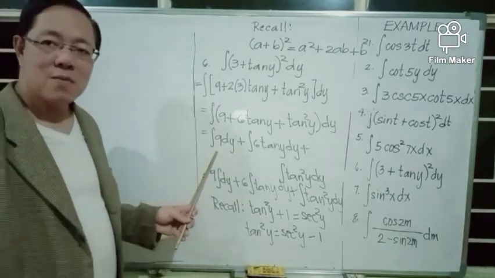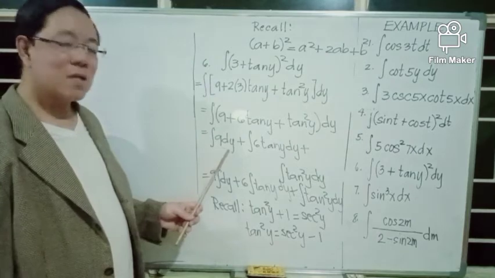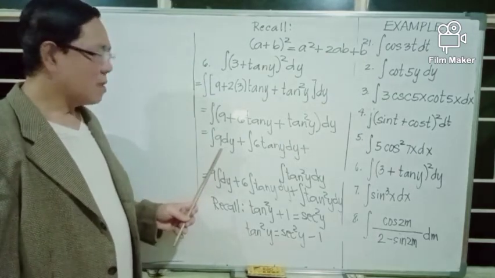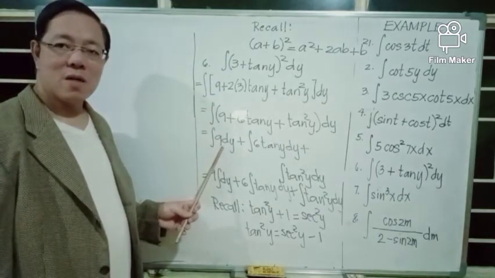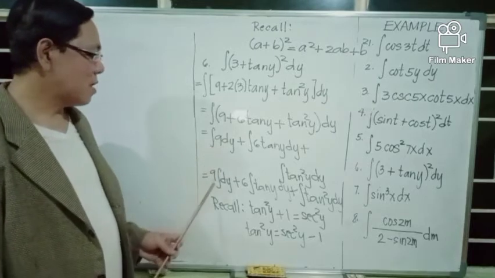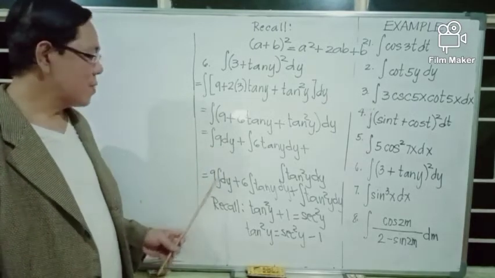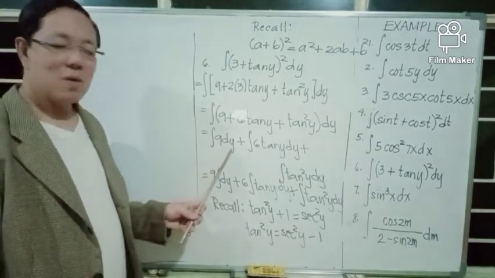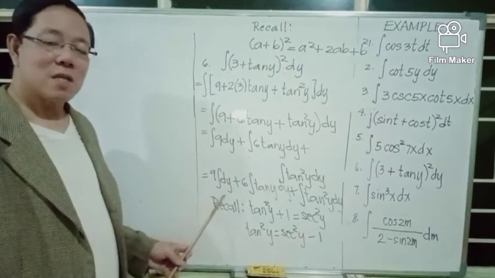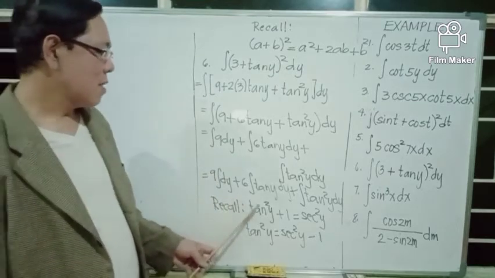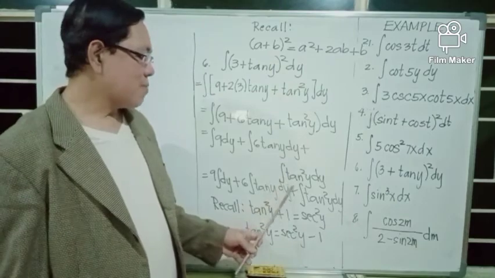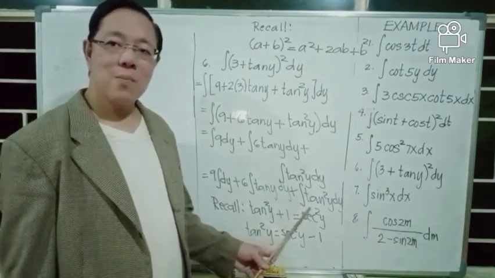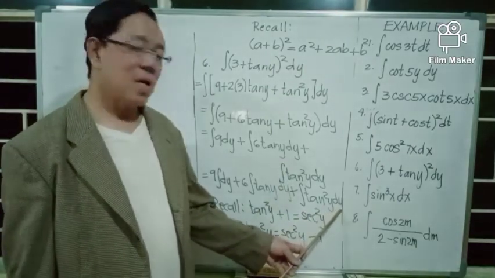The same with the first integral: the integral of 9 dy, we take 9 out of the integrand and write 9 in front of the integral sign. Hence, the integral of 9 dy equals 9 times the integral of dy. And the last term is plus the integral of tangent squared y with respect to y.